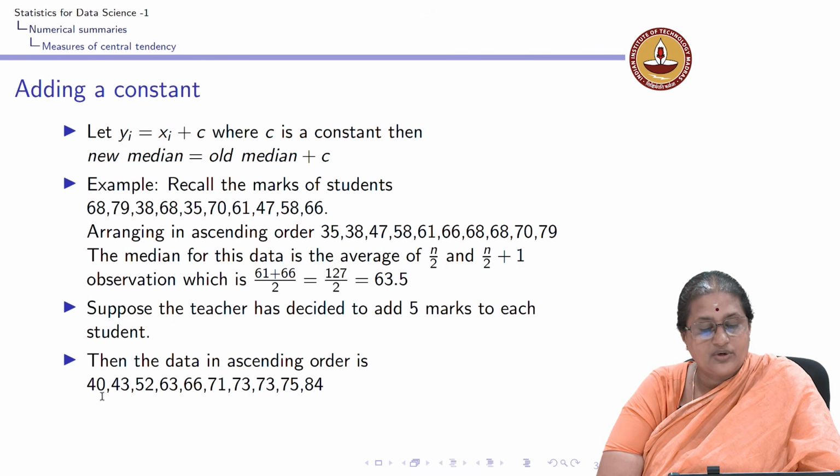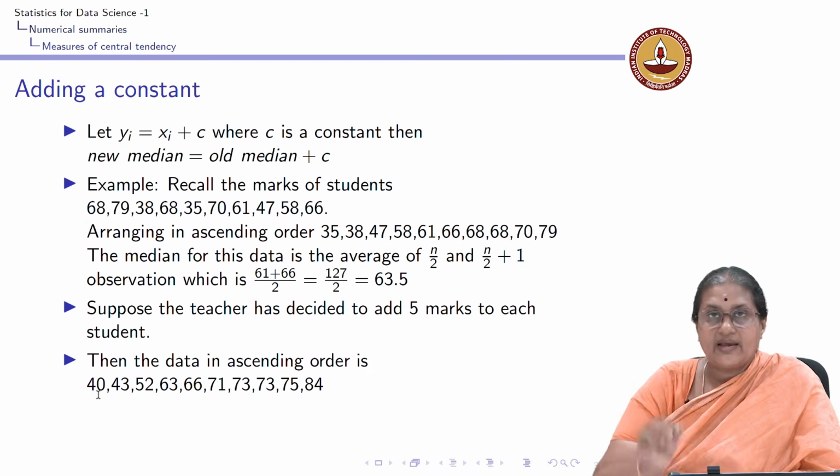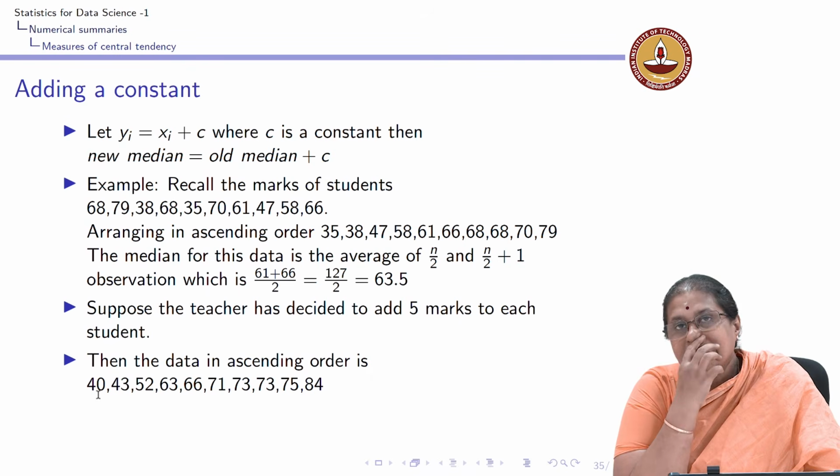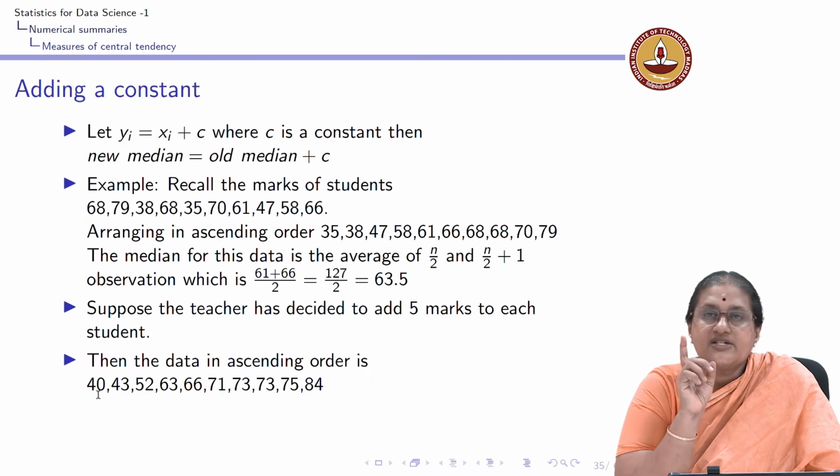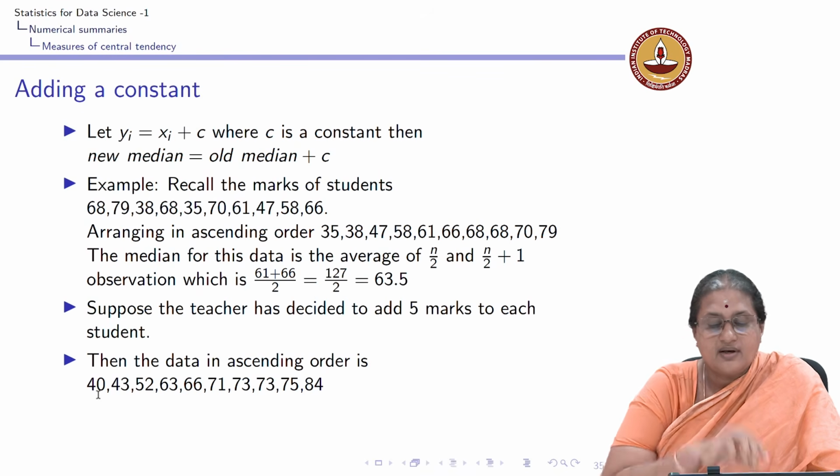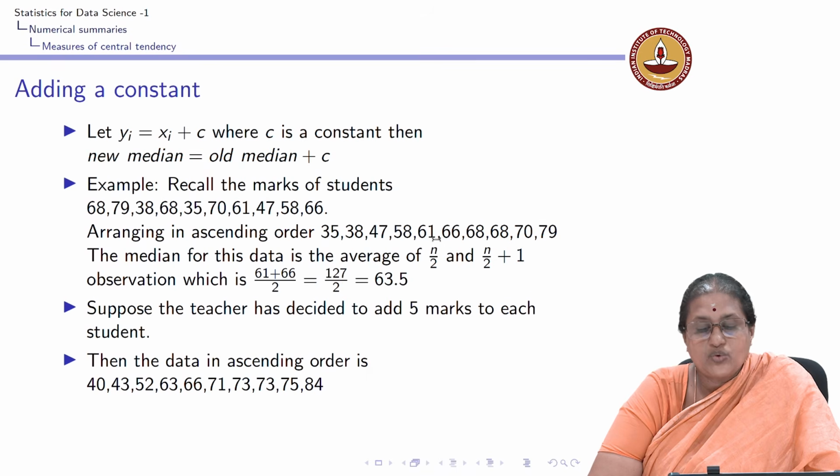Now you notice that adding a constant to the data set does not change the order of the observations. The n by 2 observation was 61 and the n by 2 plus 1 observation was 66. Corresponding to 61 I have 66, corresponding to 66 I have 71. The number of observations n doesn't change.